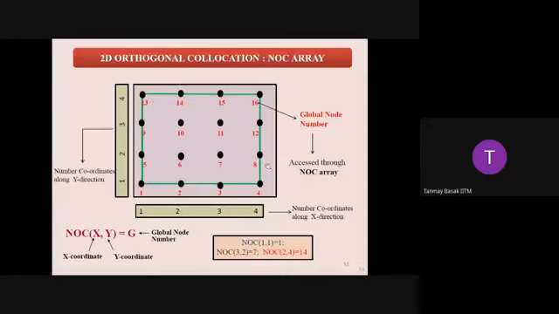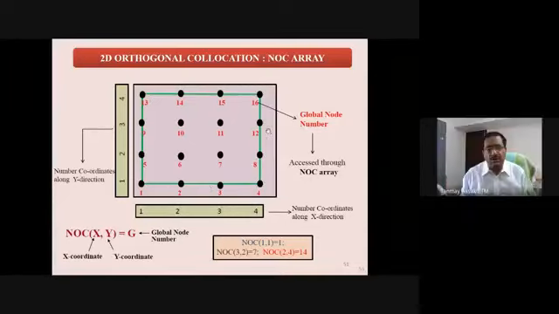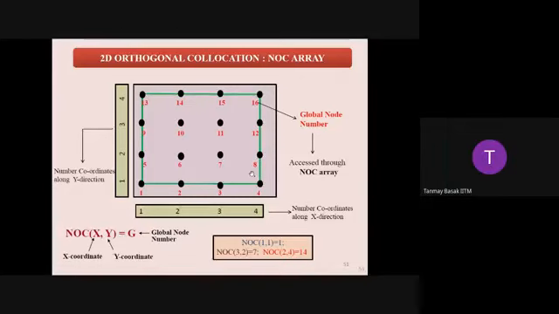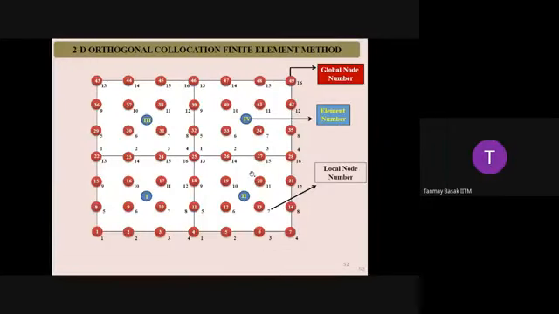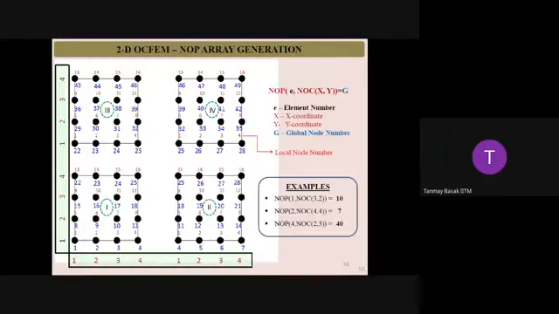NOC is defined only for a particular segment where we have only one element, and these are all local node numbers. So what actually happens? You get the local node numbers from the number coordinates.